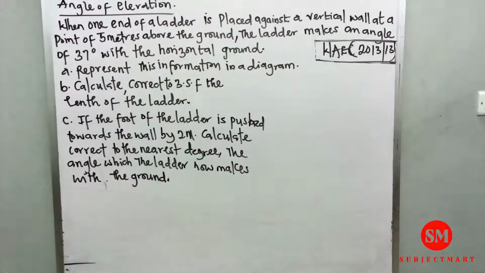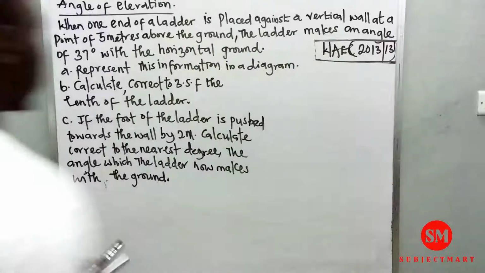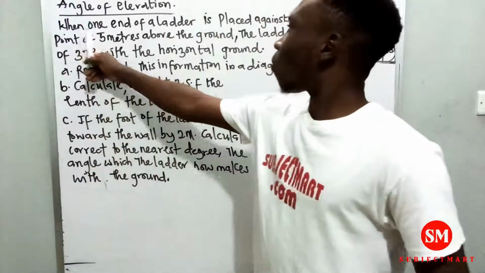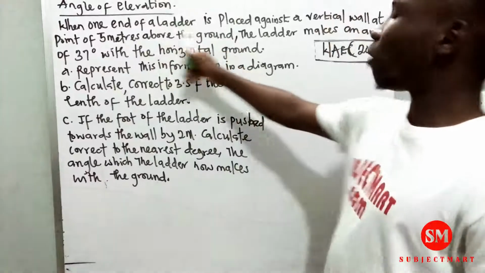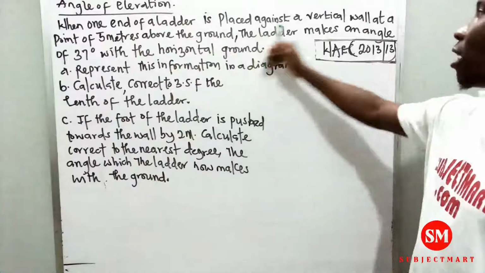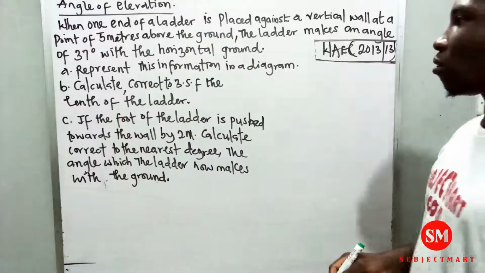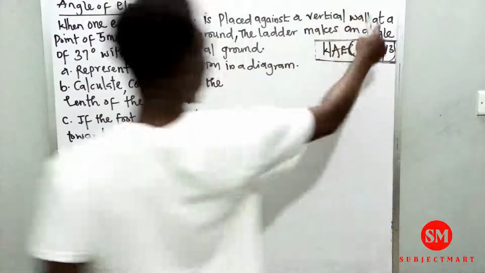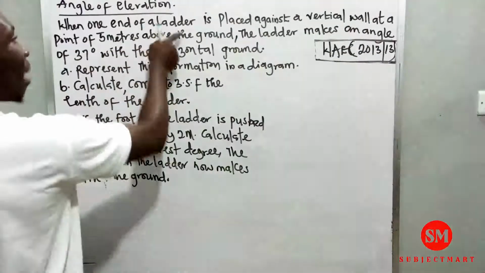Now, this is a typical example of a modern WAEC question from your past questions, WAEC 2013, question number 13. Now, they said, when one end of a ladder is placed against a vertical wall, at a point of 5 meters above the ground.